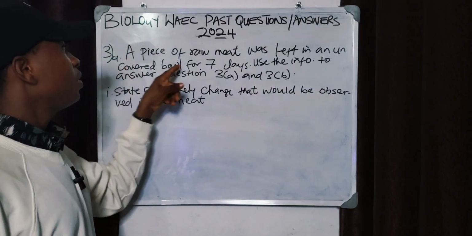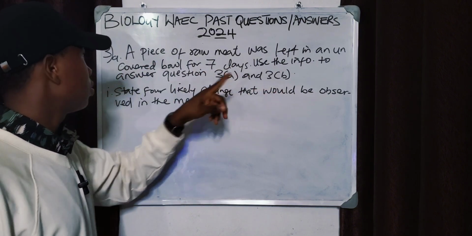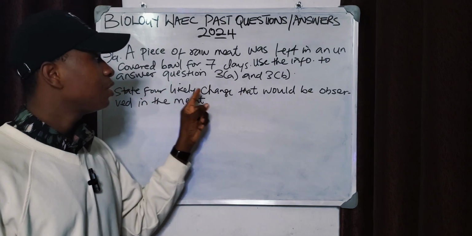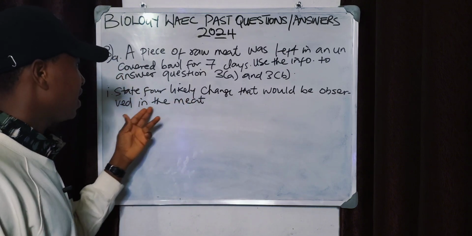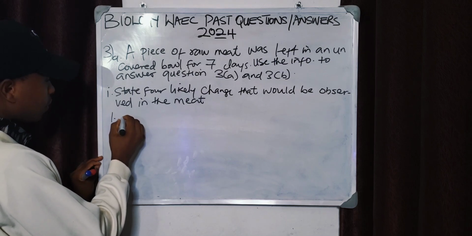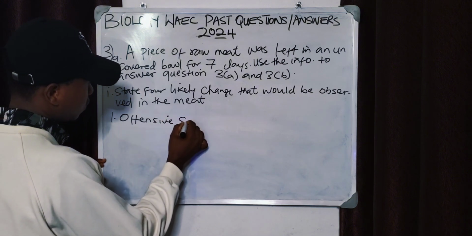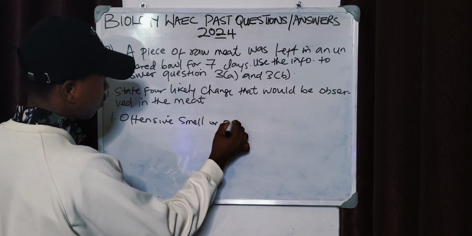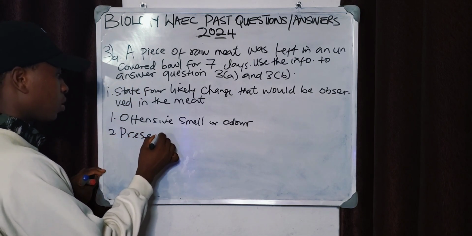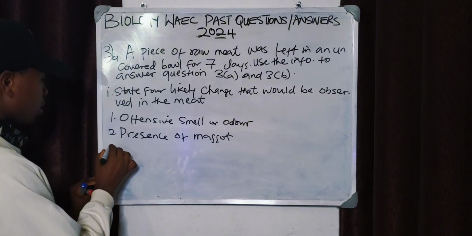So number 3: a piece of raw meat was left in an uncovered bowl for 7 days. Use the information to answer questions 3A and 3B. The question states, state four likely changes that would be observed in the meat. Number one, an offensive smell, or you can say odor. Two, presence of maggots; you start seeing maggots in the meat.